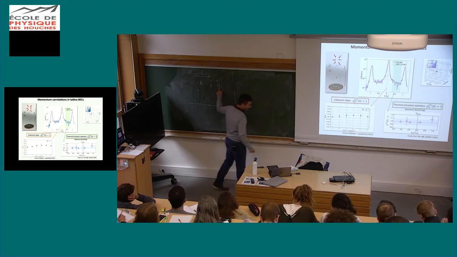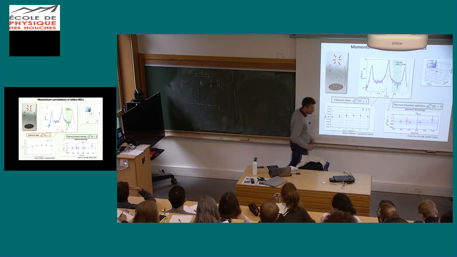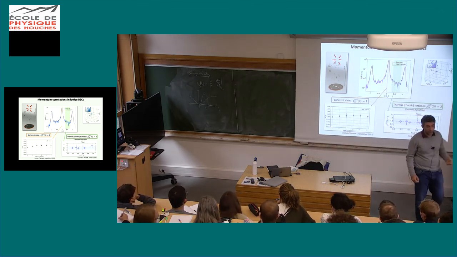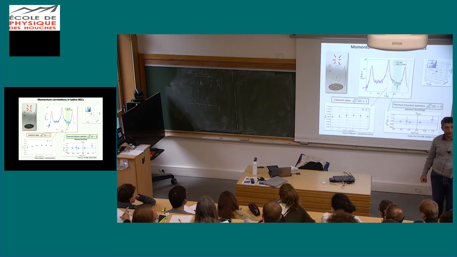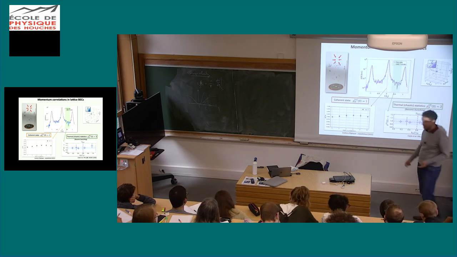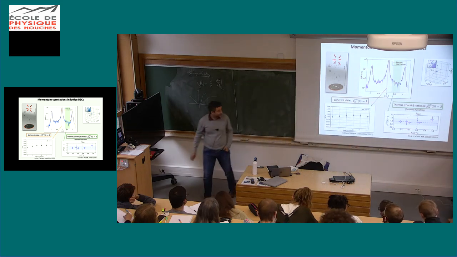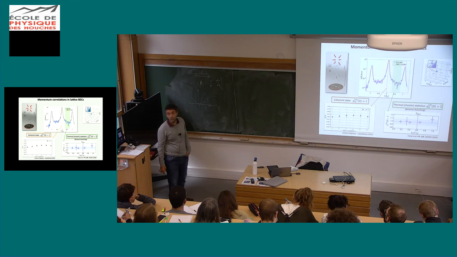Of course, because this energy is periodic in the quasi-momentum q, this means that the group velocity is also periodic as a function of the quasi-momentum q. And this comes from the fact that we have a periodic lattice structure.